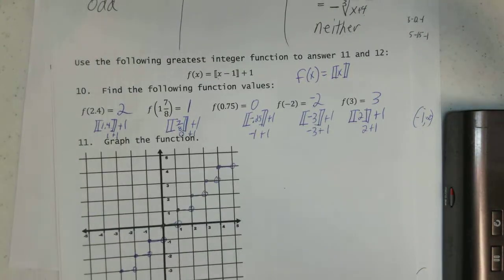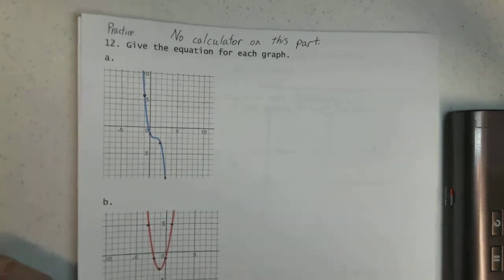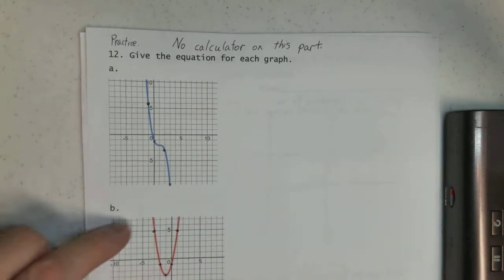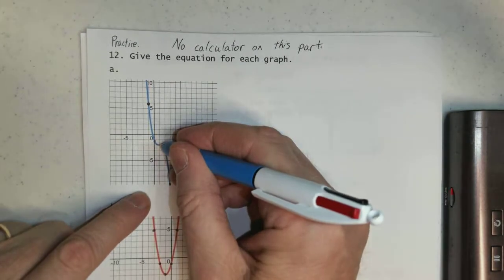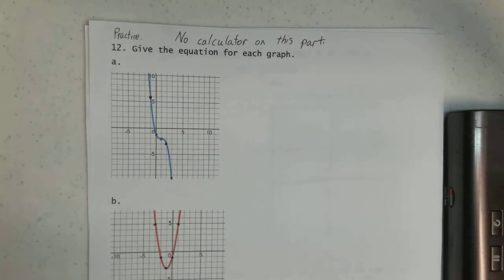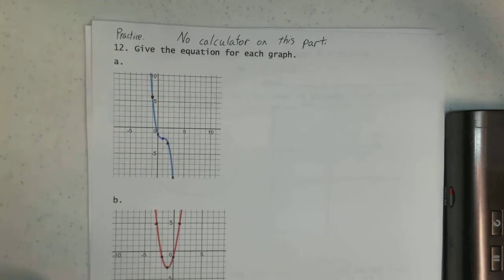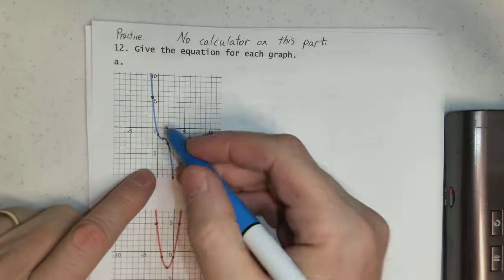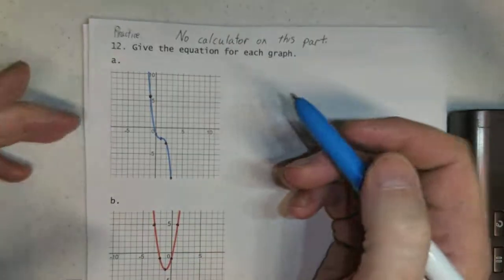So with that, now, chances are when you're doing this on a test, it's not going to be the same thing. Alright, I'm not going to use a calculator on this. And we've got to figure out the equation for these. Now, if you'll notice, this is the cubic equation.